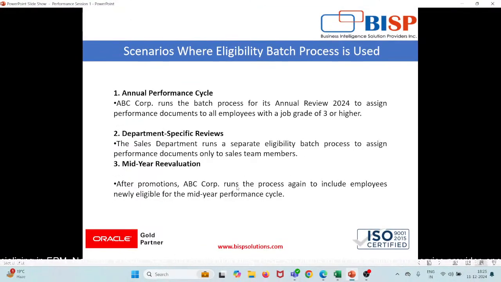Okay, so the first scenario where the eligibility batch process can be used is the annual performance cycle. ABC Corporation runs the batch process for its annual review to assign the performance document to all the employees with job grade of 3 or higher.